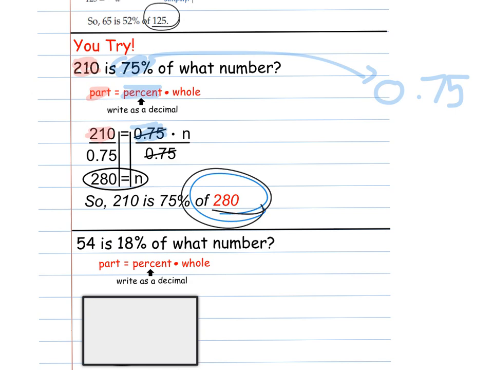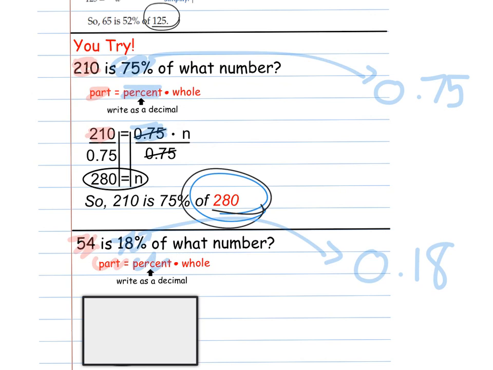54 is 18% of what number? 54 is our part. 18% is our percent, which written as a decimal is 18 hundredths, and we're left with our whole. So part equals percent times whole.